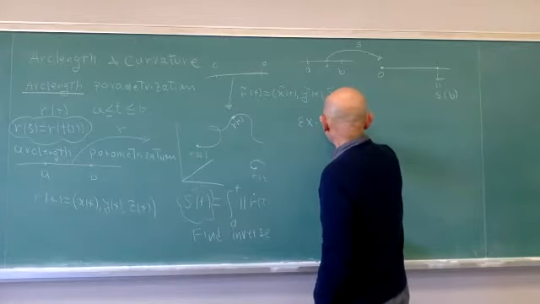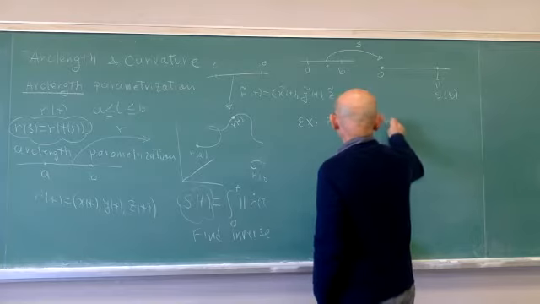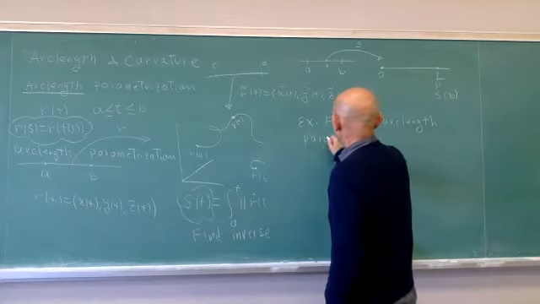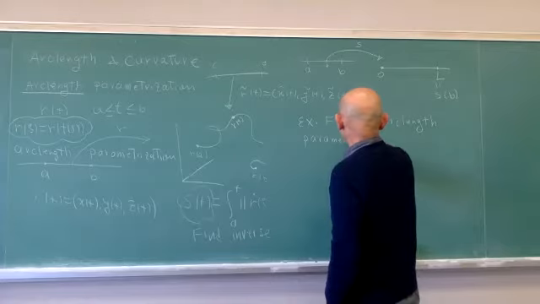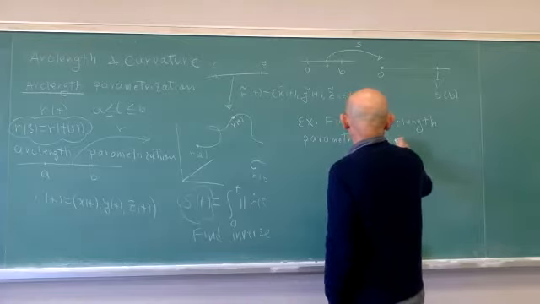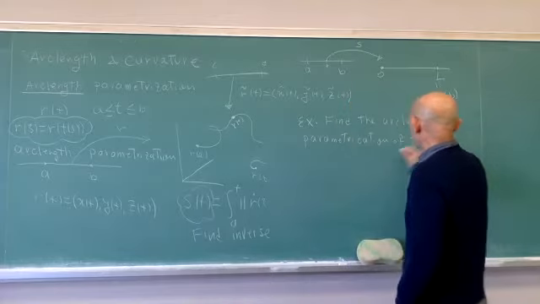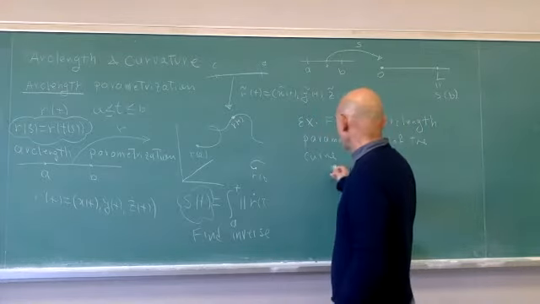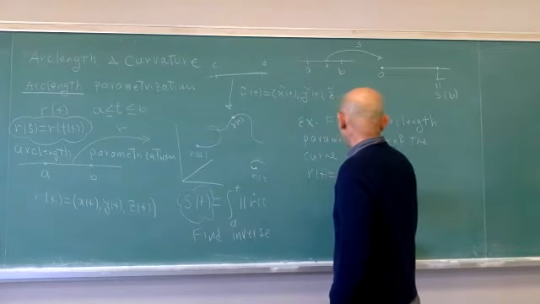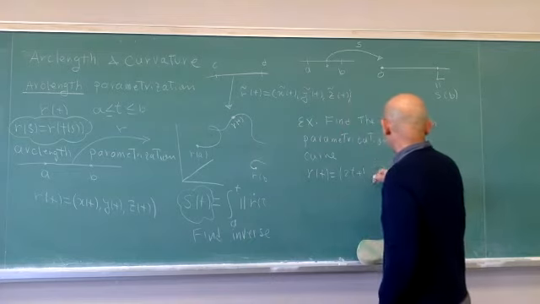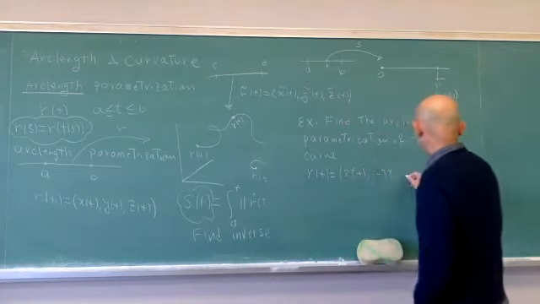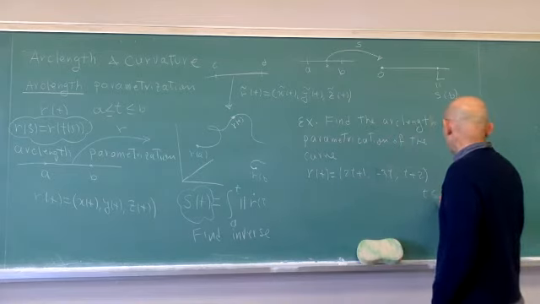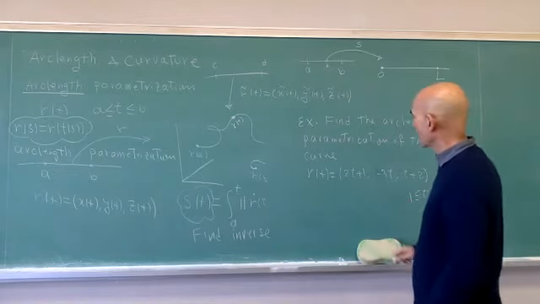Find the arc-length parameterization of the curve R of t equal to 2t plus 1, negative 3t, and t plus 2, where t is going from 1 to 2.